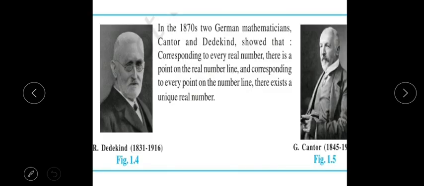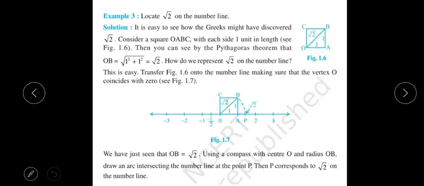Now, in 1870, two German mathematicians, Cantor and Dedekind, showed that corresponding to each real number there is a point on the real number line, and corresponding to each point on the number line there exists a unique real number. So it was discovered by these two mathematicians.